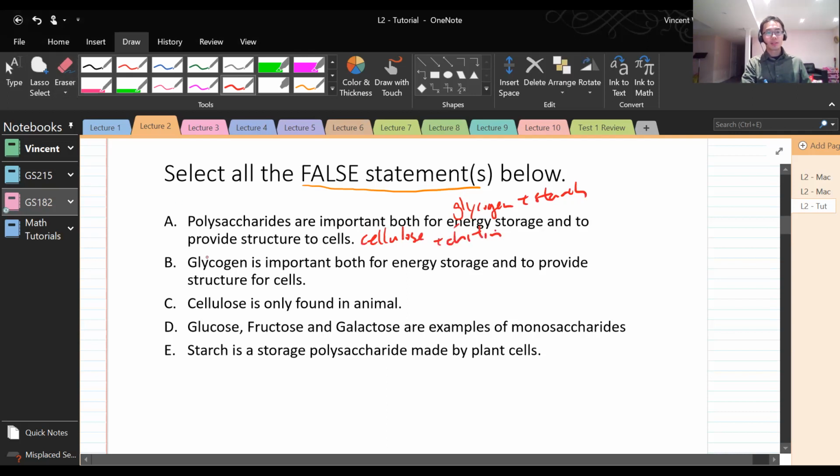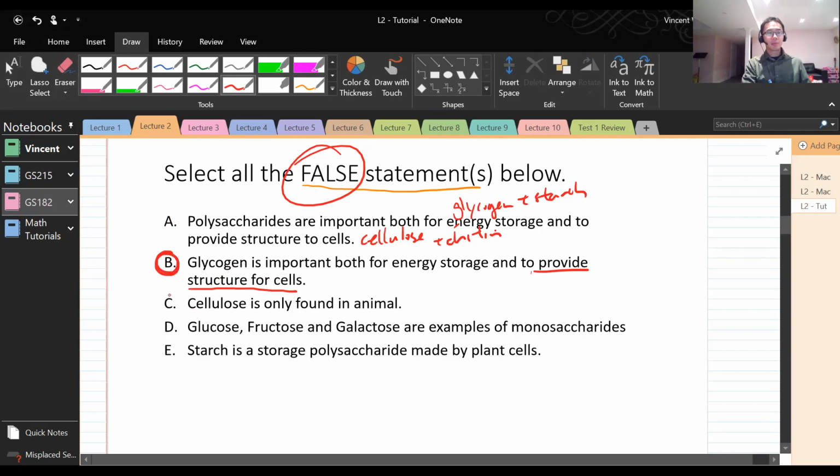So that's the correct one, not what we're looking for. We're looking for a false one. Next one, glycogen is important for both energy storage and to provide structure for cells. That is not correct. Structure is the chitin and the cellulose, so that is incorrect. That's what we are looking for.